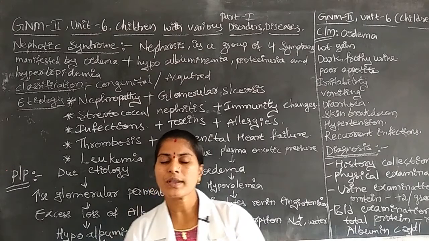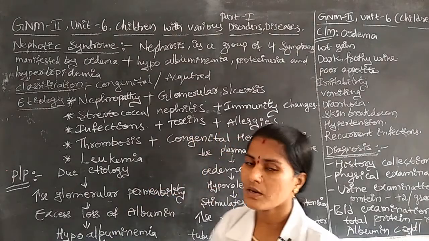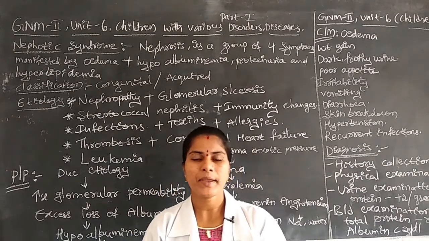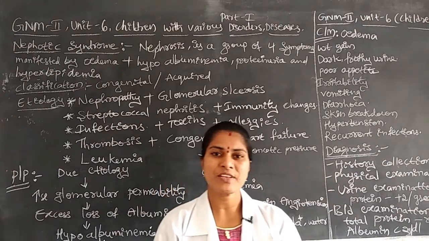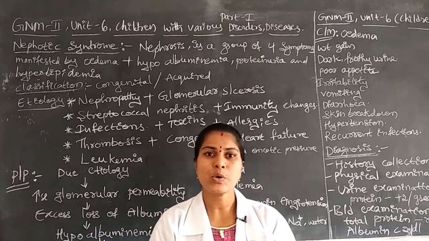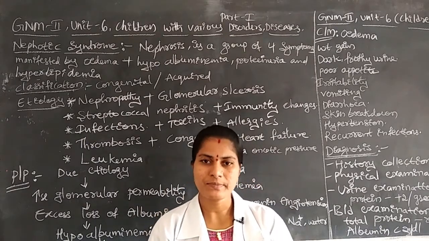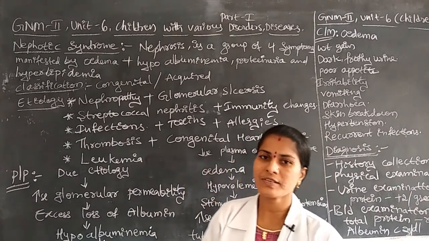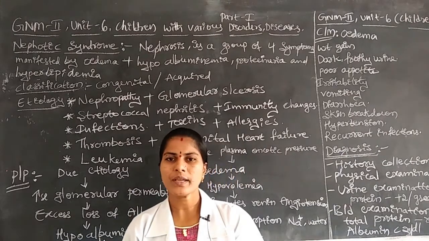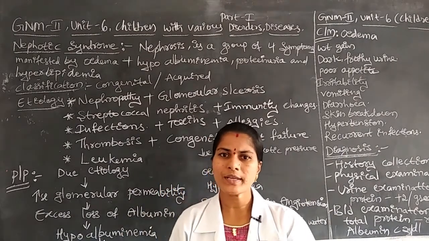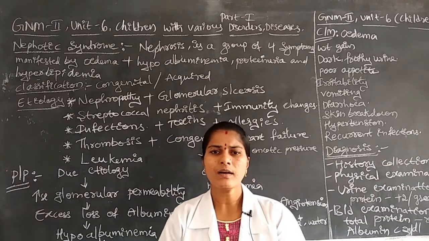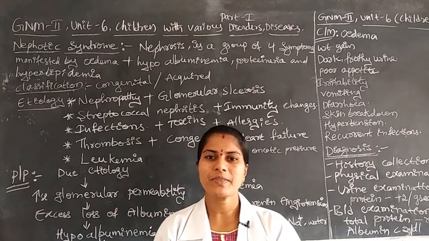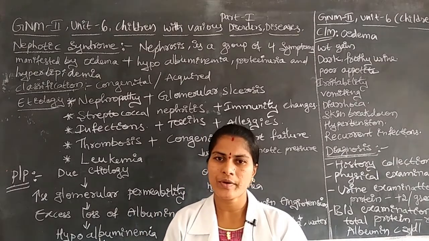In that group, mainly four symptoms are identified, which the child shows. The first symptom is edema formation. There is retention of fluid in the body, which is why edema forms in the kidneys or body organs.